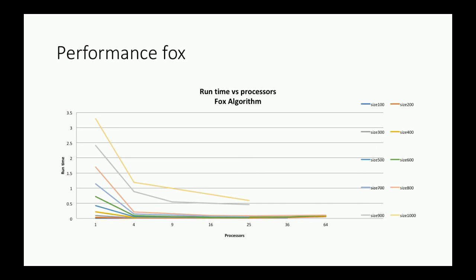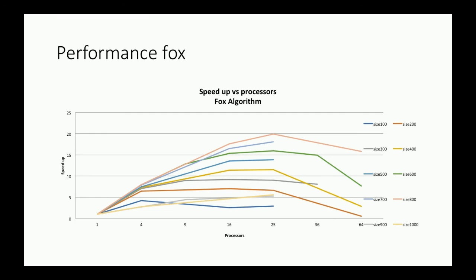For the Fox algorithm, the runtime, as with algorithm 2, shows a decreasing behavior, which is good for the parallelization. In the speedup, we can observe a max value of 20, and a high speedup until 25 processors. After that, we can observe a decrease.